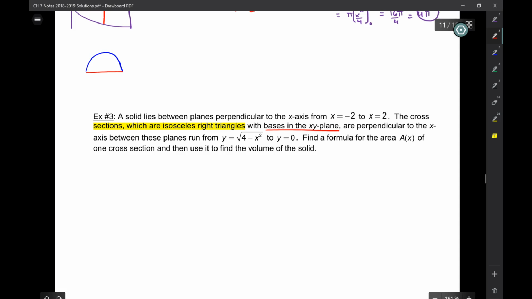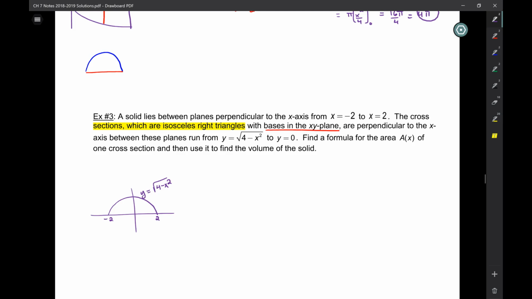And they run from y equals the square root of 4 minus x squared to 0. What is that equation? It's a semicircle. So this figure is going from -2 to 2, and it's a semicircle. So here y is equal to the square root of 4 minus x squared. The shapes inside are isosceles right triangles.